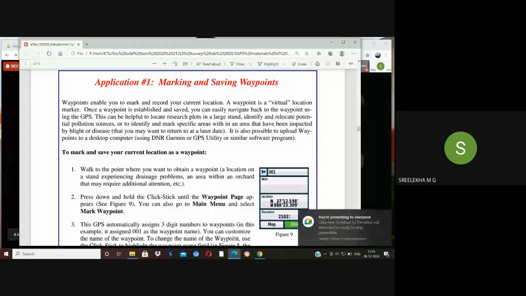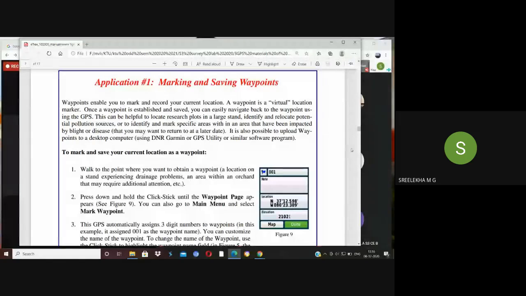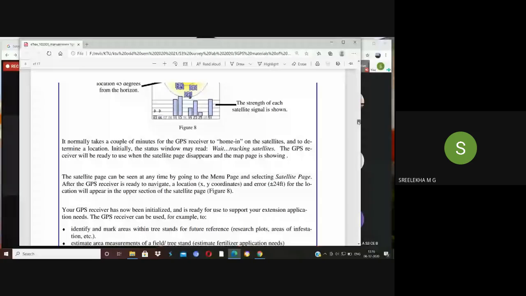So we can just continue. I'm sharing it on screen. Okay. So once we have our GPS receiver, what's our first step? We have to go to the menu page, and from this we'll be taking the satellite page. As I have already told, from the satellite page, you'll be getting some details like which satellites are visible to us.